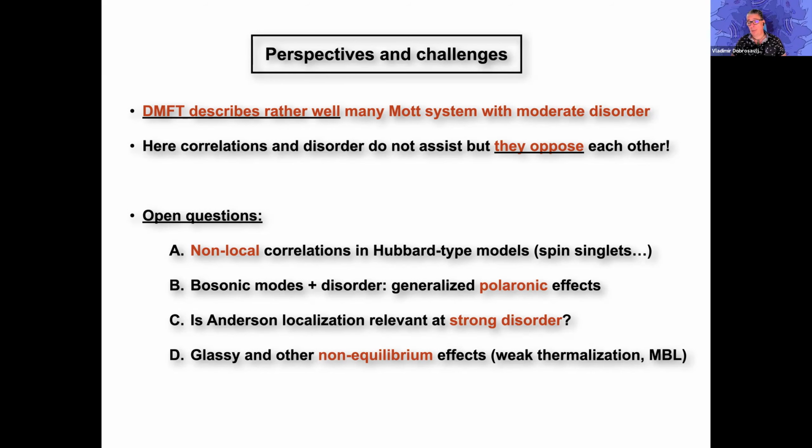Zlatko Popovic in our lab now has a beautiful experiment showing how, when you screen the Coulomb interaction through a screening gate, you can really pretty much kill thermalization and find something which is closely related to many-body localization. So there's a lot of exciting physics that remains to be addressed, but at least we have a starting point where we understand something rather well, and that something is the vicinity of a Mott transition with weak and moderate disorder. So I'll stop right here, and thank you very much for your attention.